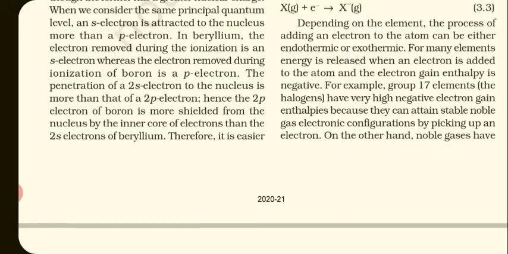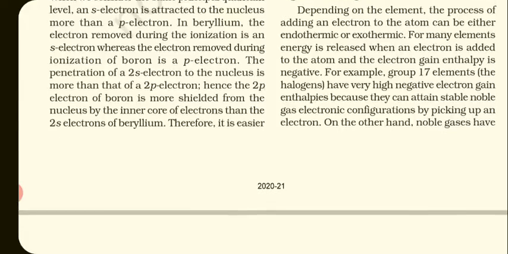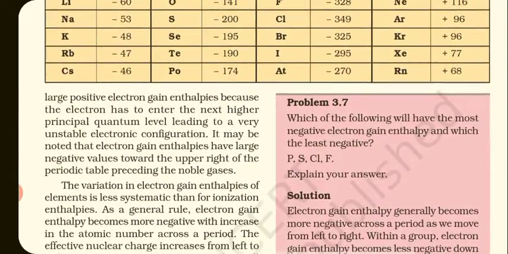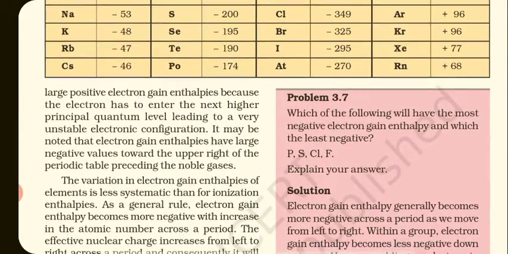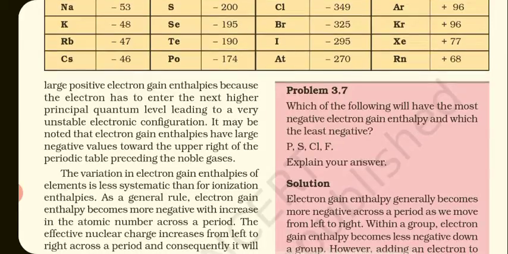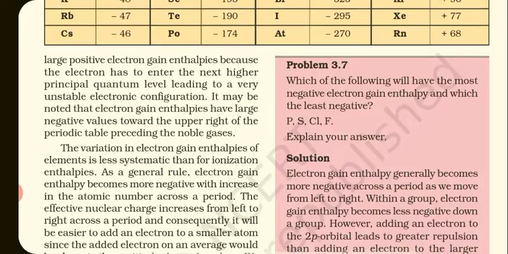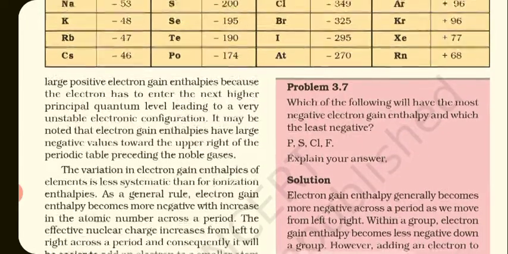For example, group 17 elements, the halogens, have very high negative electron gain enthalpies because they can attain a stable noble gas electronic configuration by picking up an electron. On the other hand, the noble gases have large positive electron gain enthalpies because the electron has to enter the next higher principal quantum level, leading to a very unstable electronic configuration, because they are already inert.